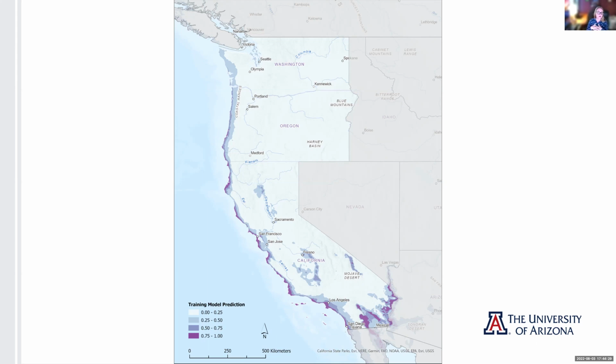Although the model detects suitable habitat there, it may not be realistic to expect the presence of dune hair lichen in those areas, given limitations like dispersal agents and the possible absence of substrates like the conifer trees that it's mostly found on. So that's something to keep in mind.